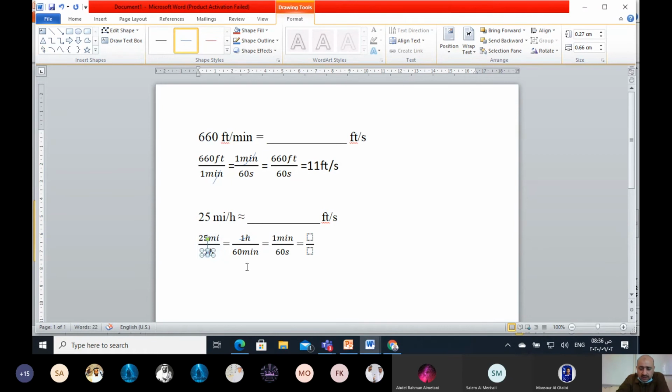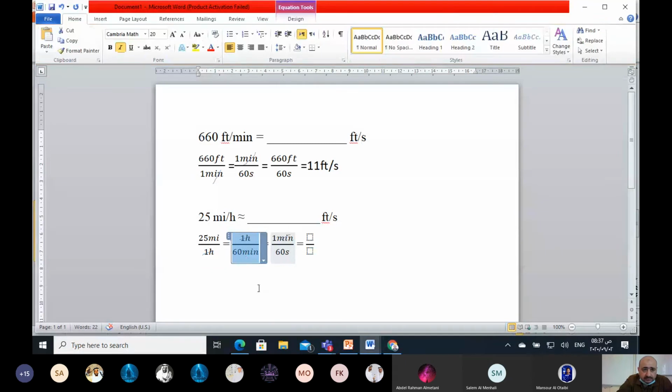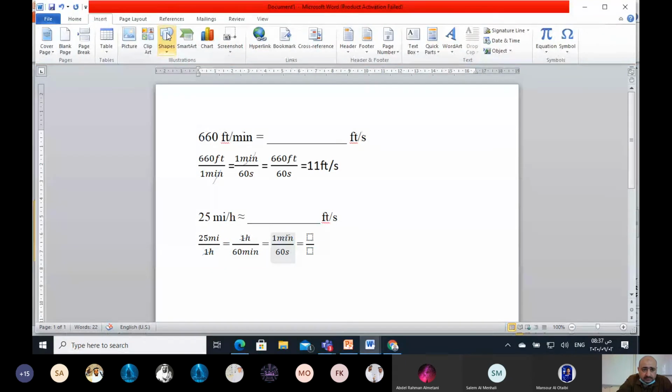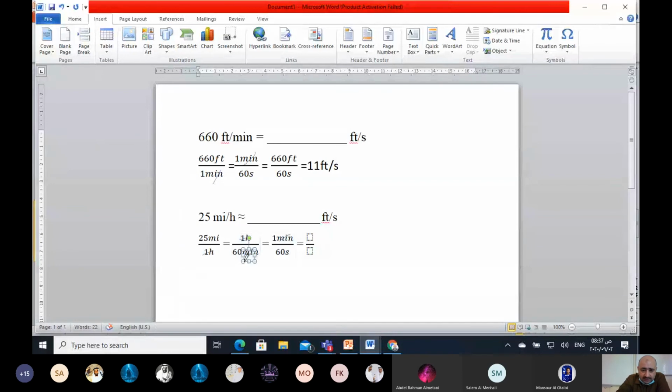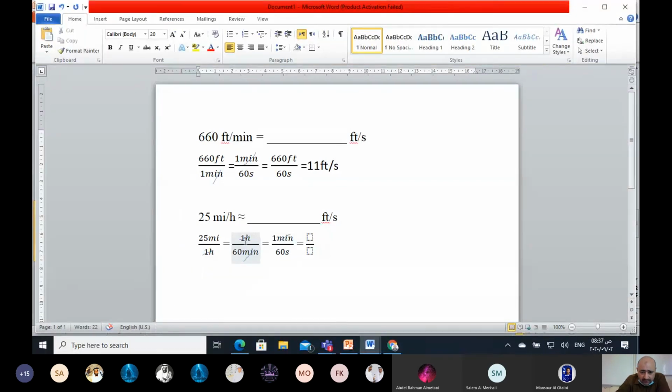Now, I want to change from minute to second. Each 1 minute equals 60 seconds. So cancel minute up with minute down. Okay. Now I can change from hour to second.